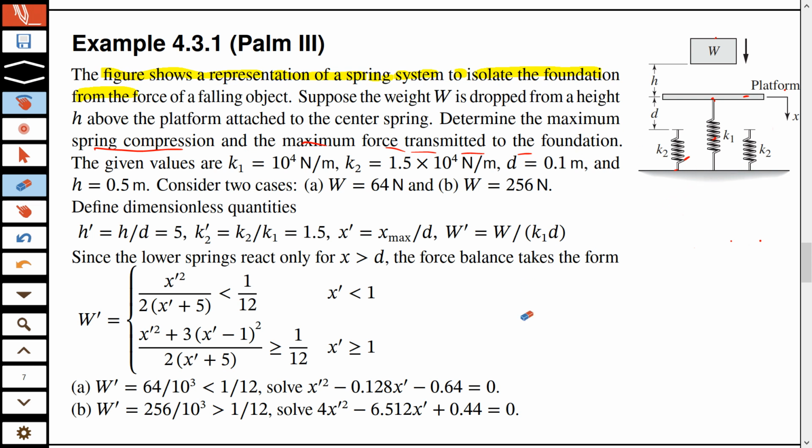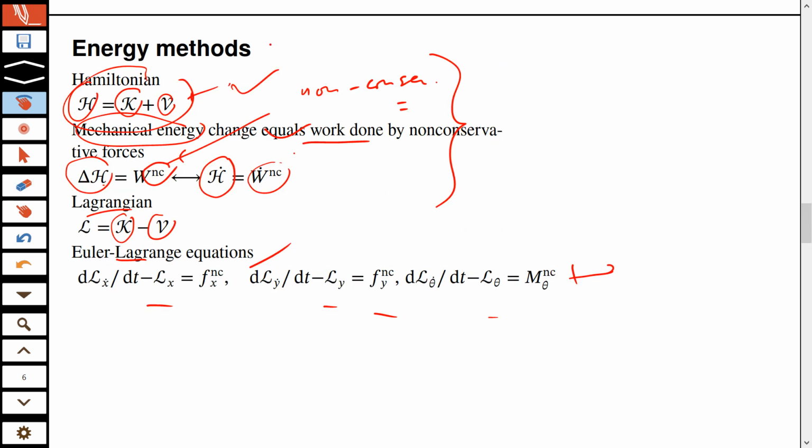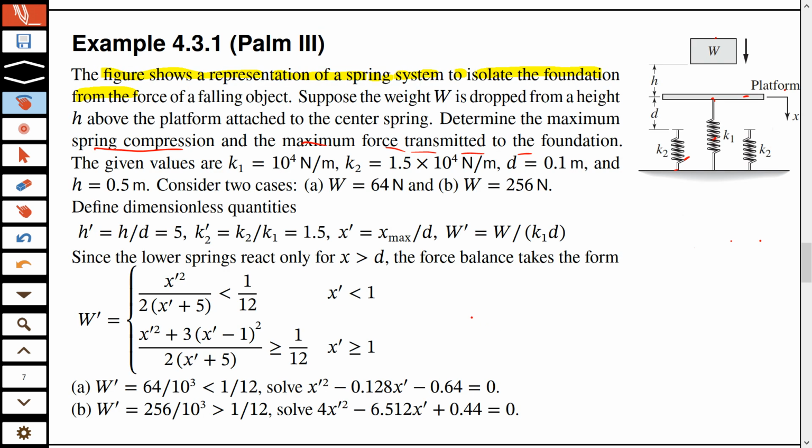Now we need to write down the equations, but instead of writing down the equation, we should use the energy methods. And our purpose is only to find out the maximum spring compression.